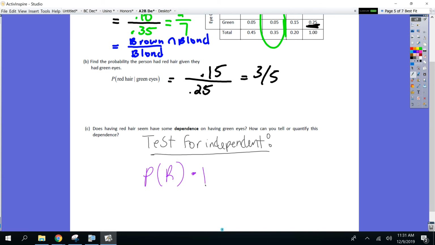Times the probability of green eyes. If they are independent, what should that be equal to? What's our test? Probability of red hair times probability of green eyes should be equal to the probability of what? Probability of red and green. That's what we're testing right now. I have no idea if this is true or not. I need to plug in the numbers.